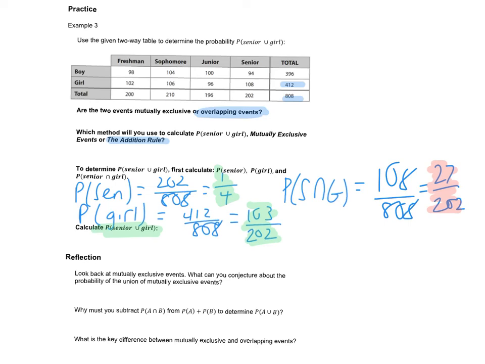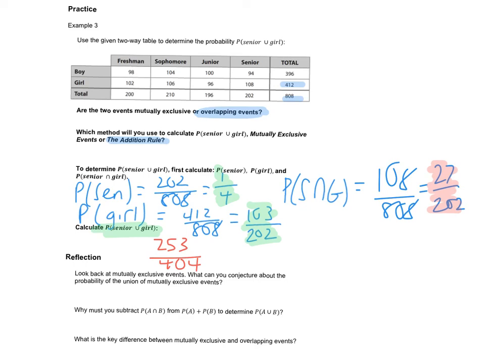Say parenthesis 1 over 4 plus parenthesis 103 over 202, parenthesis, minus parenthesis 27 over 202, parenthesis, and convert it to a fraction in your calculator. When you add together the two that are highlighted in green and subtract out the one highlighted in red, you will get 506 over 808, which reduces to 253 over 404. So that would be your final answer for the probability of senior union girl.